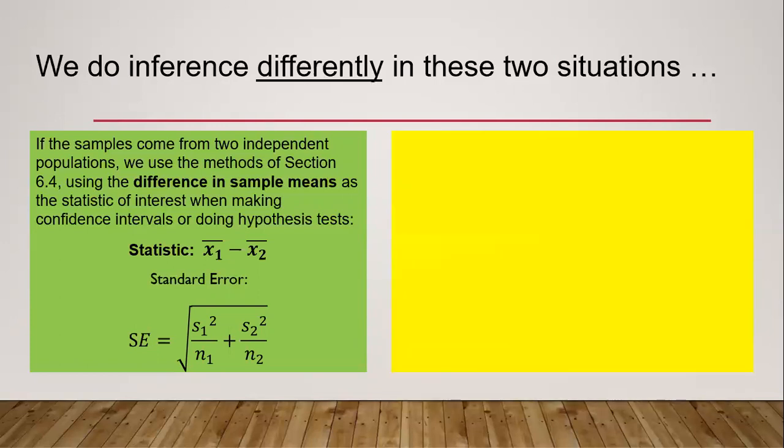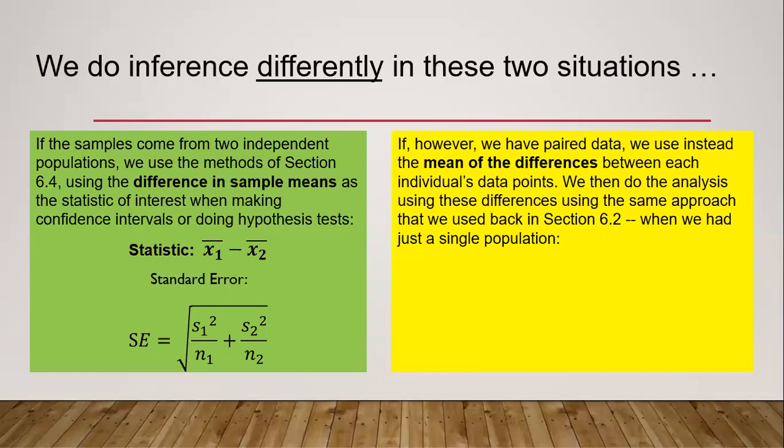But what if we have a situation as with our rats? In the situation with our rats, we don't really have two different populations. We only have one. So it doesn't make sense really to talk about more than one mean. What we're going to do in this case is we're going to look at the differences between the two observations for each of the individuals in the sample, and we'll take a look at the average differences.